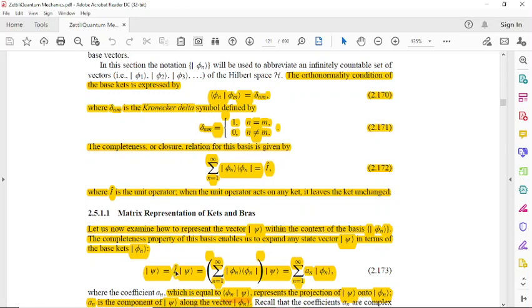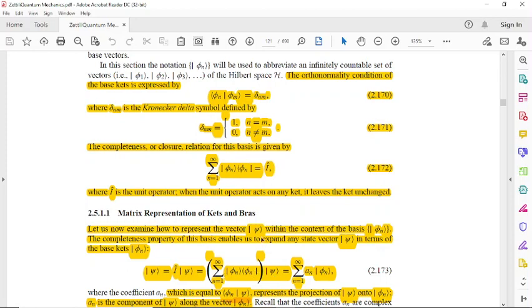So we can expand ket psi as I ket psi, and for I we use the completeness relation, so we can write summation n equal to 1 to infinity ket phi n bra phi n acting on ket psi. This is simply the I from here.